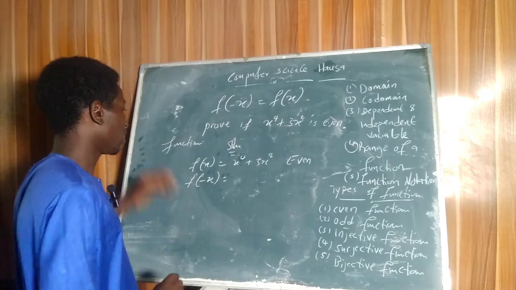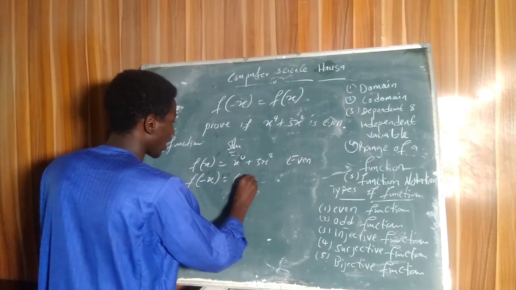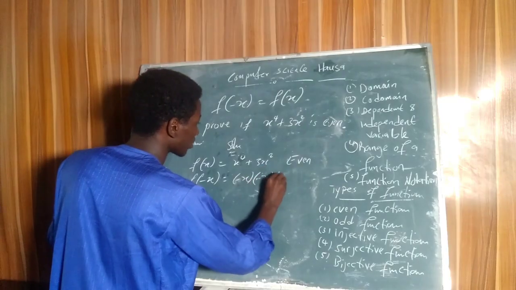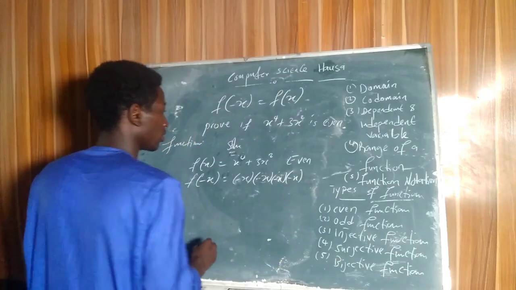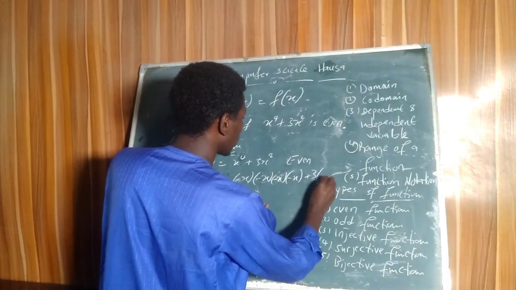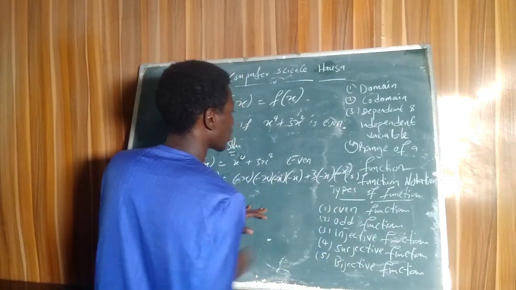So why is it even? It means minus x times minus x times minus x times minus x, and then plus 3 into minus x times minus x.